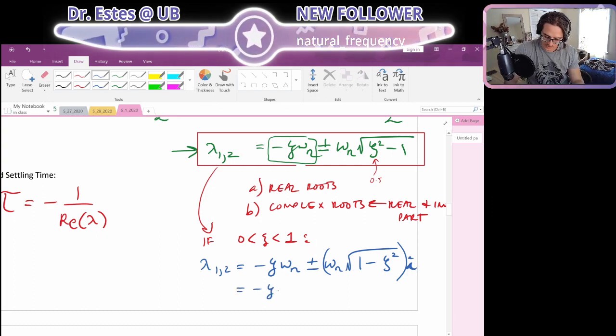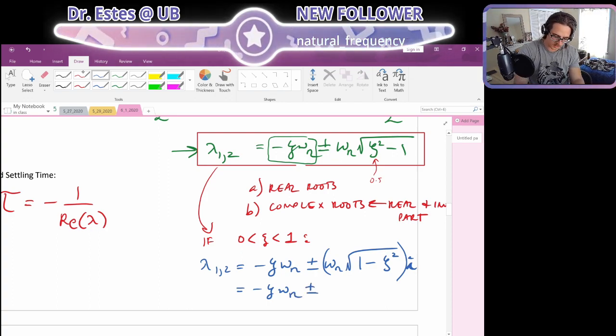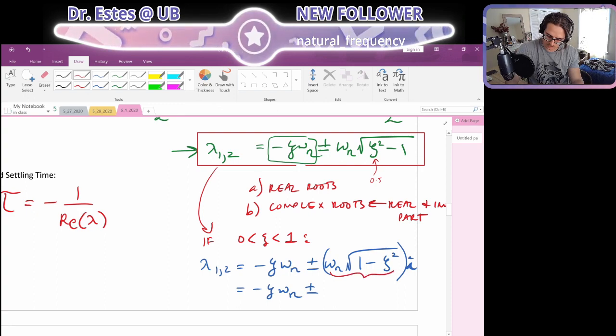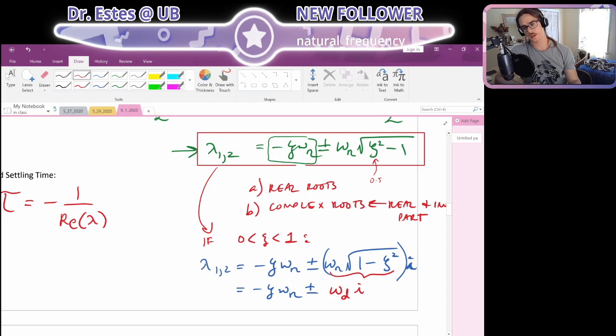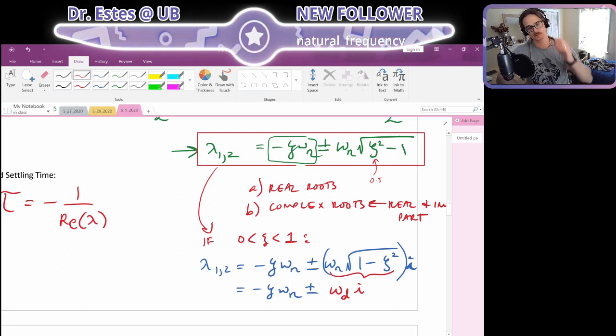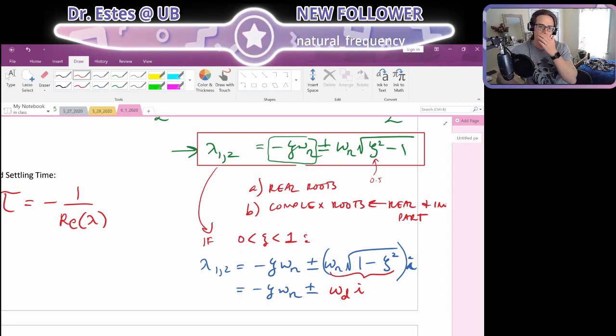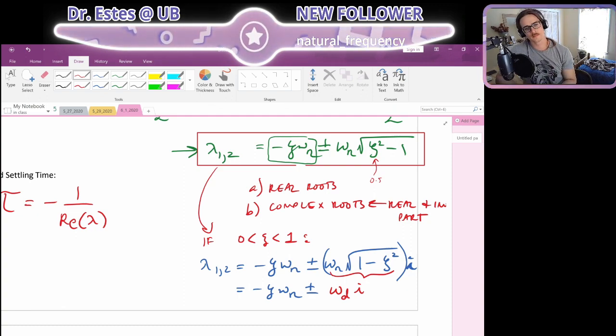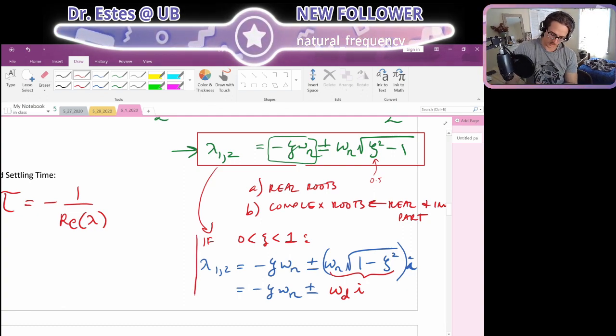And this is where the damped natural frequency comes in, because this, as we wrote above, is equal to the damped natural frequency, and that's where it comes from. So I'll put a little box around this.